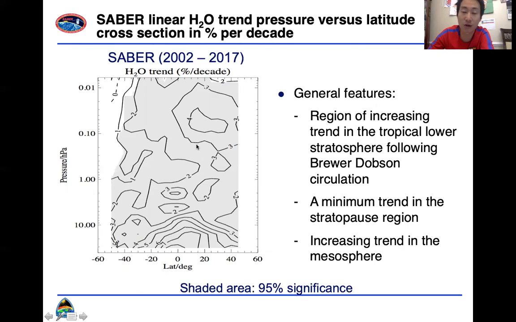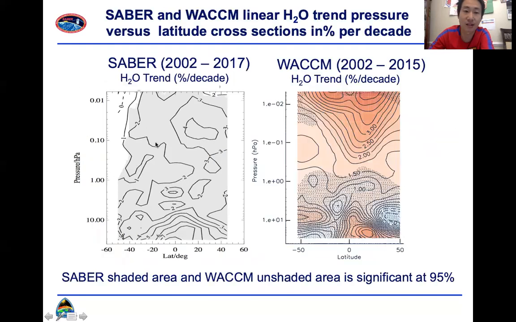The increasing trend in the mesosphere is because methane is oxidized in the mesosphere. The shaded region indicates 95% significance. And this is a comparison between SABER and WACCM.